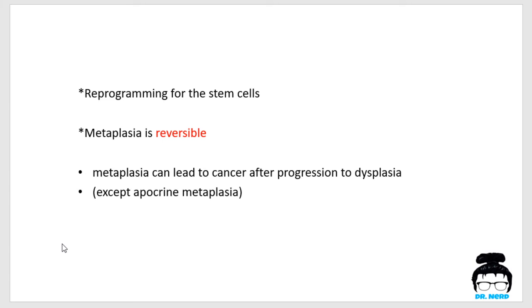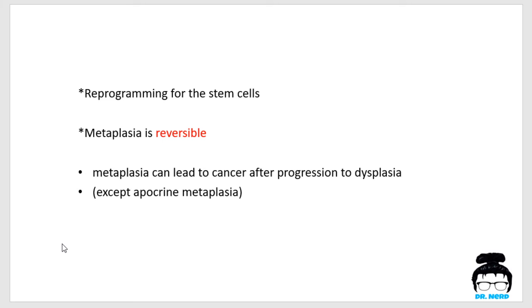It's reversible. If we change the stress and put it back as it was, the stem cells will get reprogrammed again to produce the normal cell. So the metaplasia can become dysplasia, and then it will become cancer.